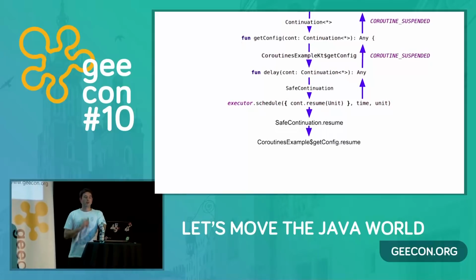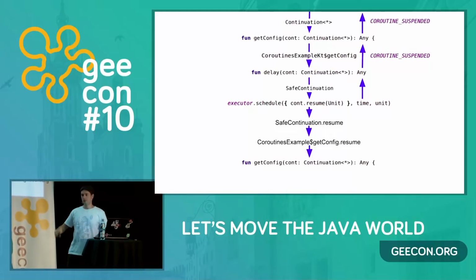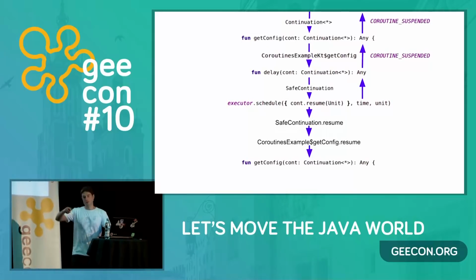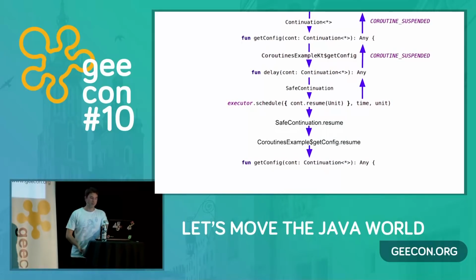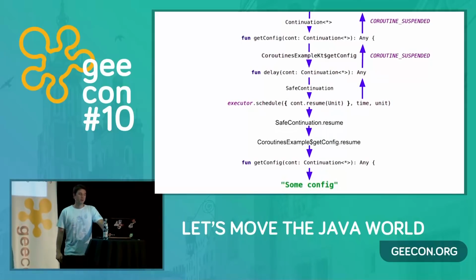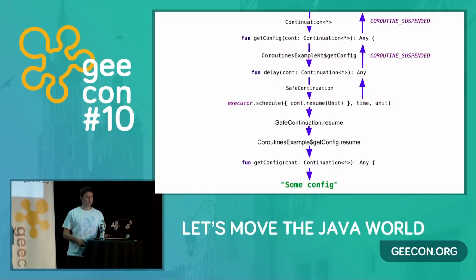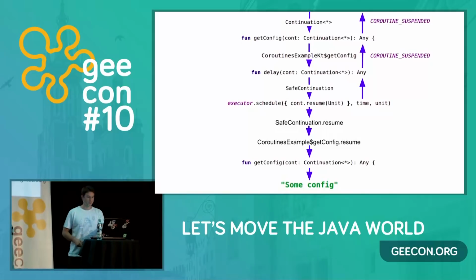And this invokes our getConfig with this continuation. So this continuation is invoked but with the next state, so it starts after the point where the coroutine was suspended. And our getConfig returns string. I think it should be clear right now, at least clearer than it used to be.